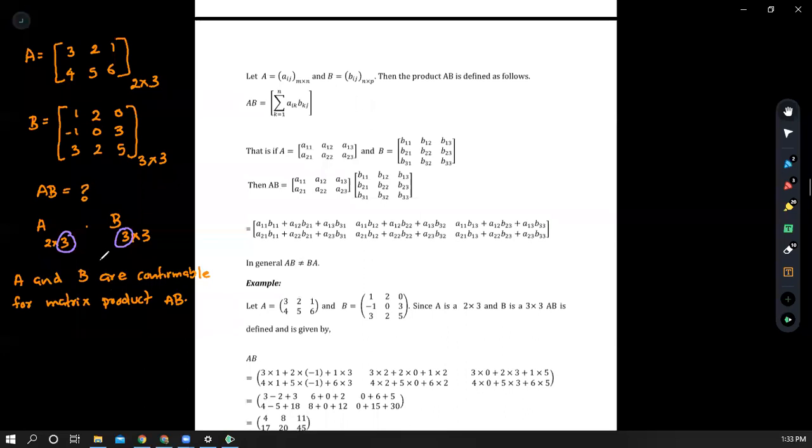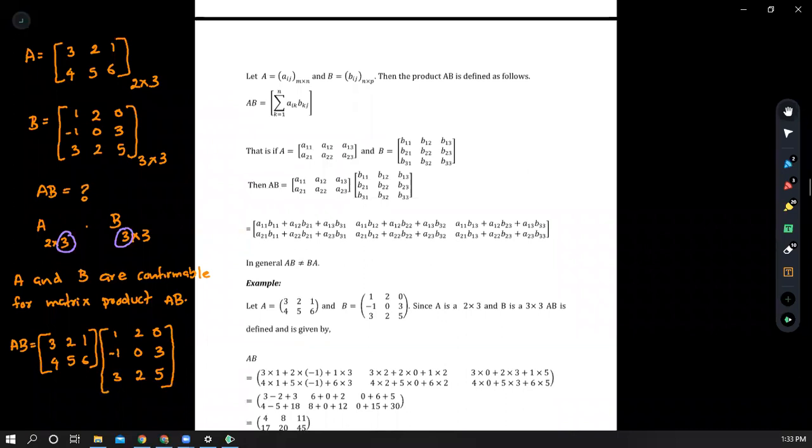Since the matrices are conformable for matrix product, now we'll write down the elements. Matrix AB would be 3, 2, 1, 4, 5, 6, and thereafter 1, 2, 0, minus 1, 0, 3, and 3, 2, 5. Now we have to use the concept that we used previously.